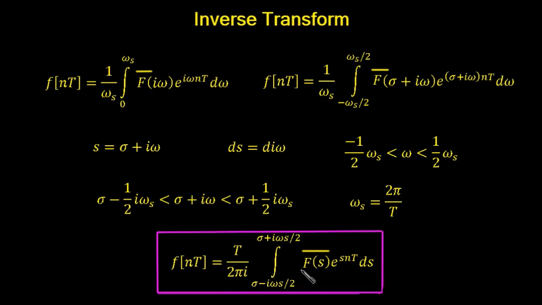But the main point about this equation is that we only need to pick one value of sigma on the complex frequency plane in order to reconstruct the discrete function of time, and we only need to integrate it over one of those periods of this complex plane, and it's going to give us the limits here, sigma plus i omega s upon 2 and sigma minus i omega s upon 2.